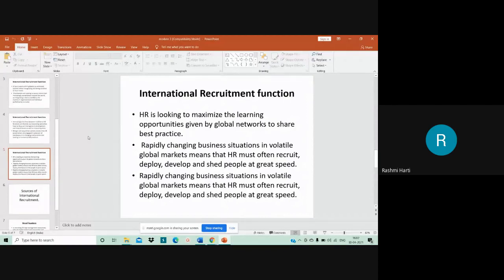Then, rapidly changing business situations in a volatile global market mean HR must often recruit. They have to keep on recruiting, deploying, developing, and shedding people at a great speed. So immediate and fast action is required here. So when it comes to recruitment functions, you cannot take a call very easily, right? You need to look into all the restrictions, all the limitations when it comes to the global market.